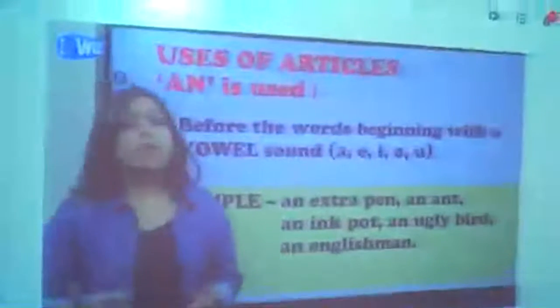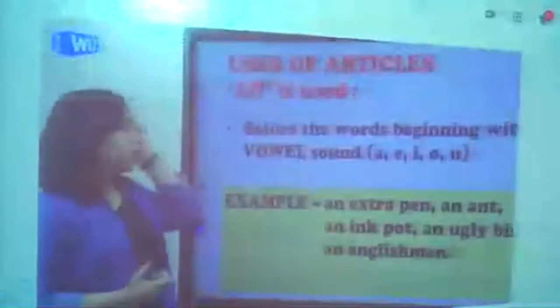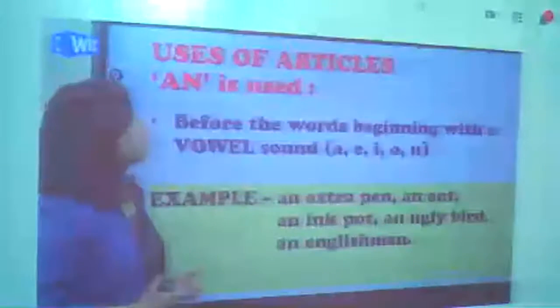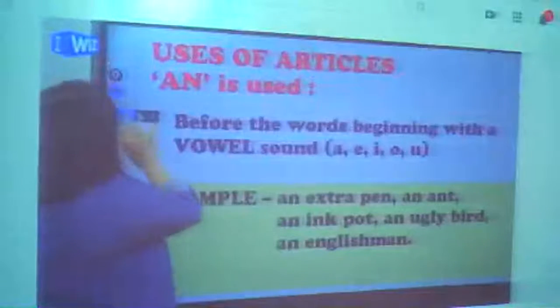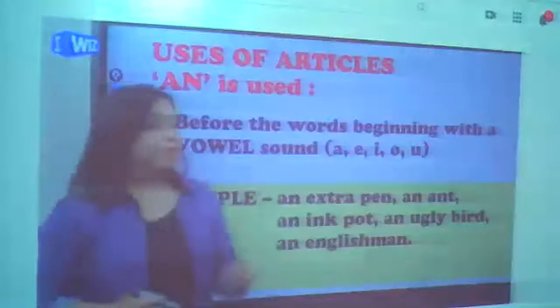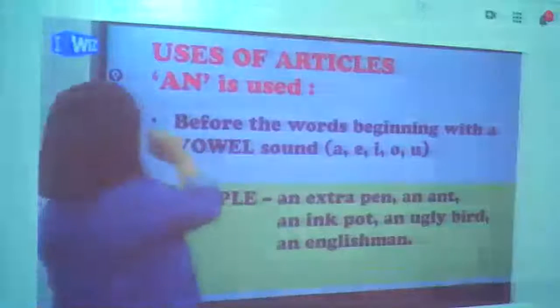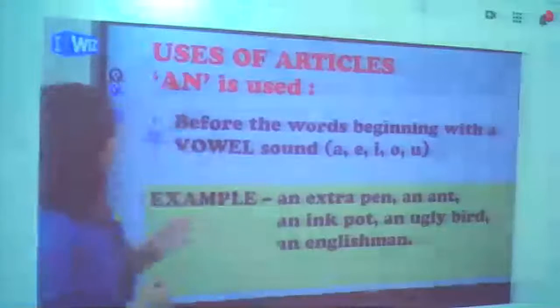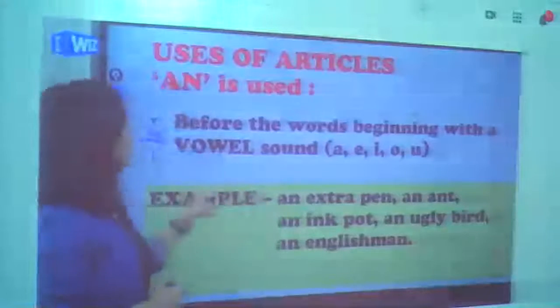Now we are going to start with some uses of articles. An is used before words beginning with a vowel sound. It is very important to understand this point. The essence of this point is that an is used before words beginning with a vowel sound.